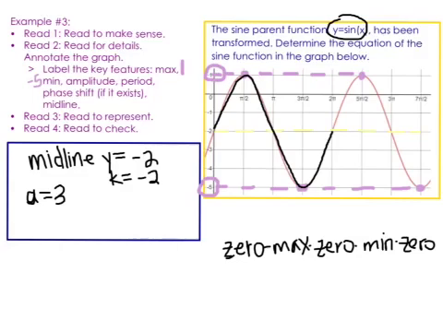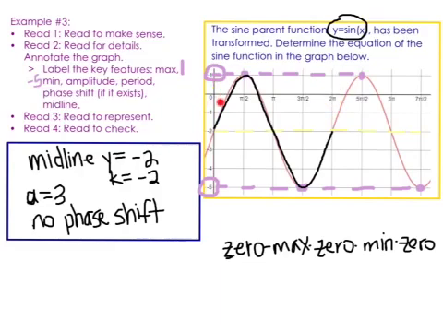Because this cycle begins at 0 here, the x value of 0, I know that there was no phase shift. No phase shift. And so that lets me know my h value is 0, or there is no h value. And the period, well, the period begins here at 0, and it goes all the way to 2 pi.